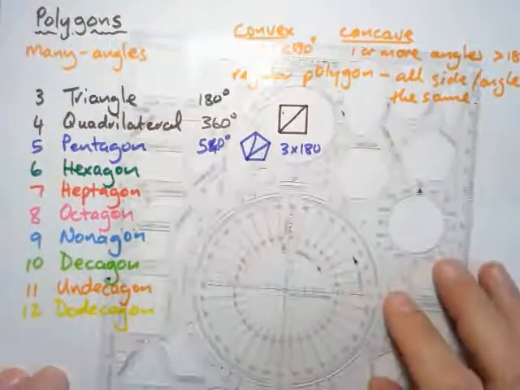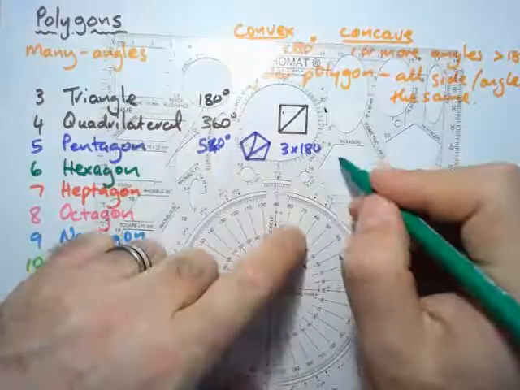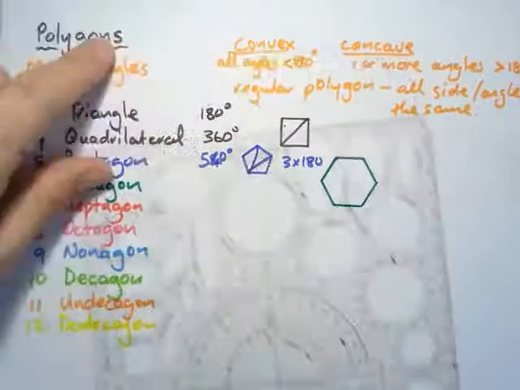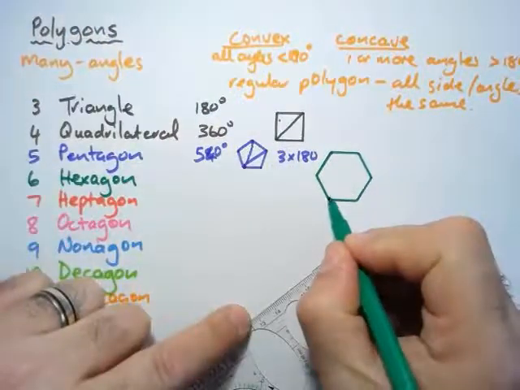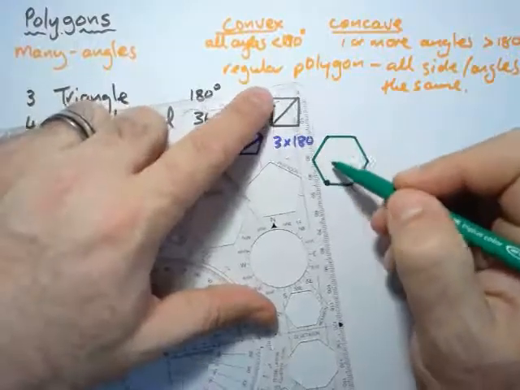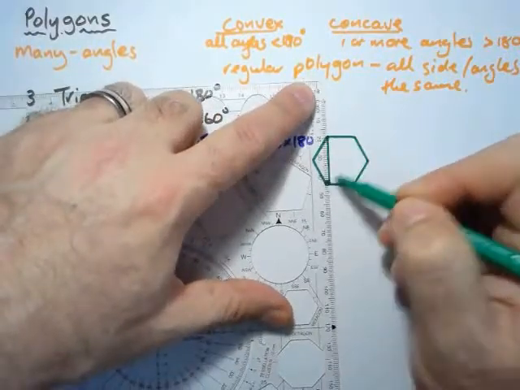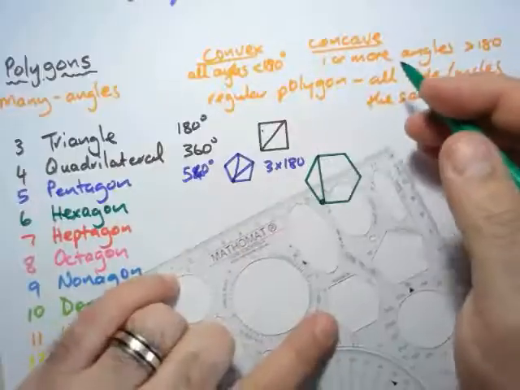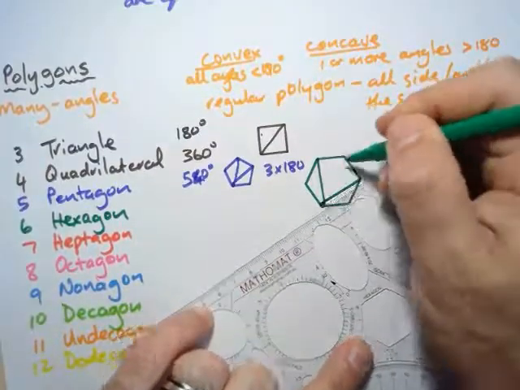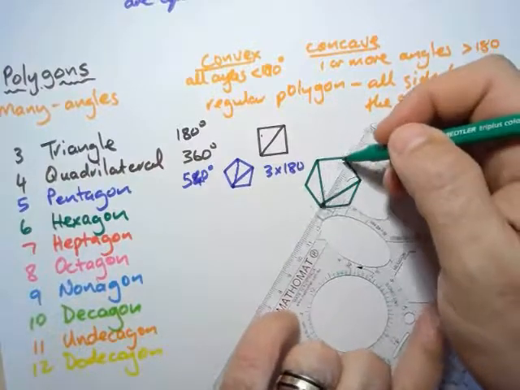If they give you a hexagon, you can go to any vertex, and then connect to all other vertices. There's 1, there is 2, and then the third one is over there.